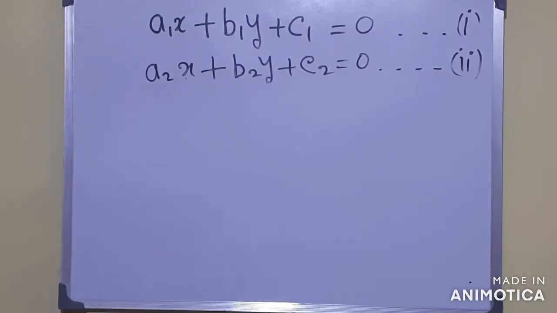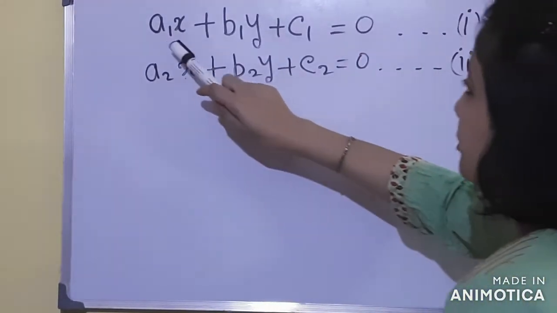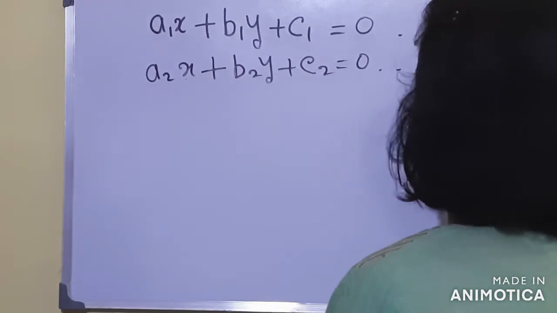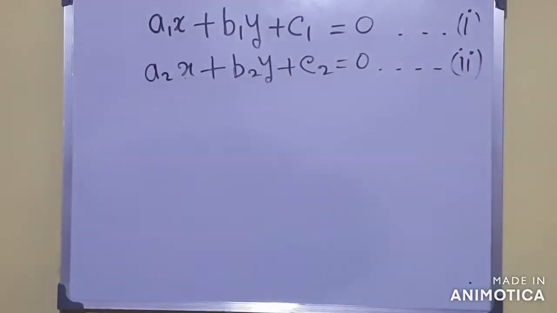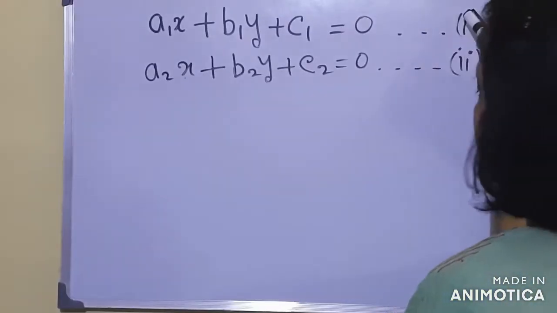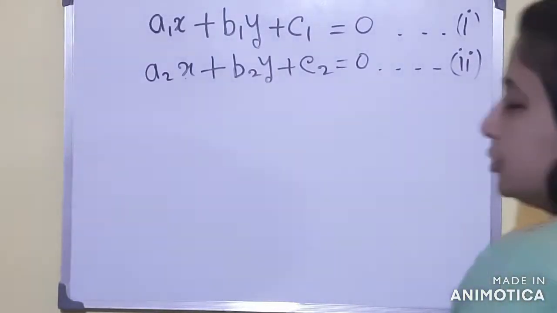See here, x has the coefficient a1 in equation number 1 and a2 in equation number 2, and y has the coefficient b1 in equation 1 and y has coefficient b2 in equation 2.